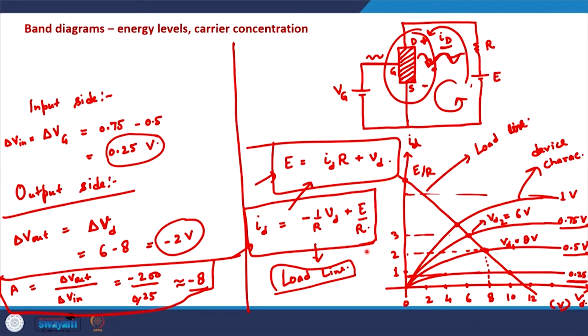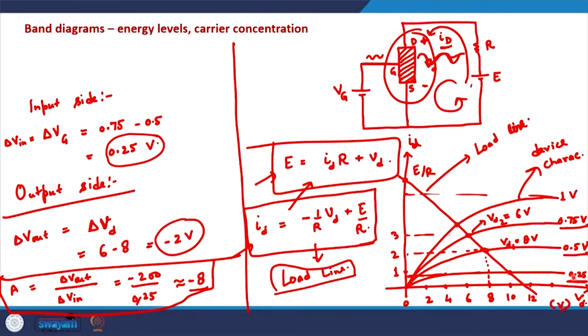So this is qualitatively how the amplification is achieved in MOSFETs. Okay. And as you can see, the nonlinear characteristics of the MOSFET play quite a crucial role in this. One is the nonlinear characteristics, and second is the sensitivity to the gate voltage.